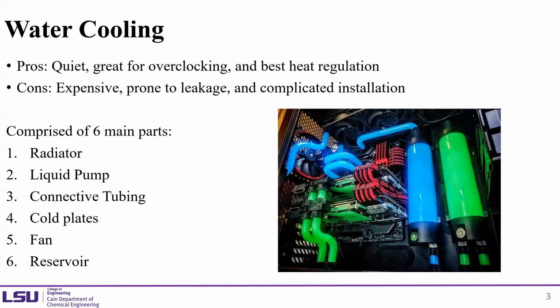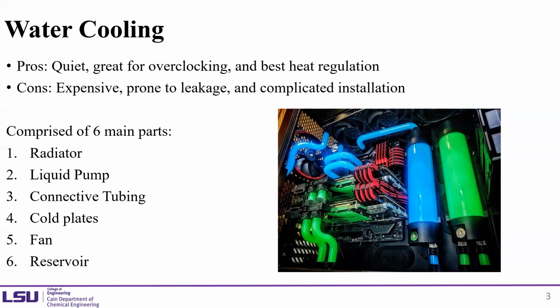The second major form of cooling for PCs is water cooling. The pros of this are that it's quiet, it's great for overclocking, and it has the best heat regulation out of the two that we're talking about today. Its cons are that it's more expensive than air cooling due to it being more complicated, leading it to being prone to leakage and also having a more complicated installation.